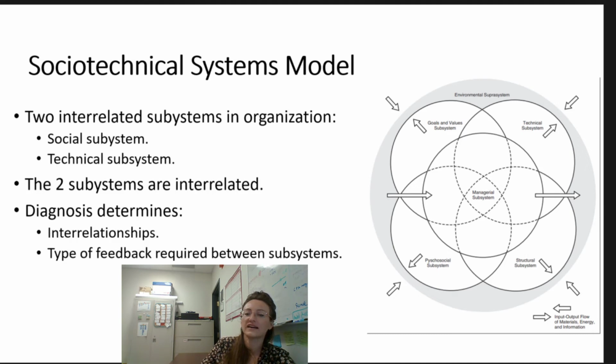This framework asks, how are these 2 subsystems, social, and the one that's left over, technical, how are they working together in regard to what is required by the environmental supersystem? And that just means all the other systems that are outside the organization. I will note that the text is using the words system and subsystem in a way that is inconsistent.